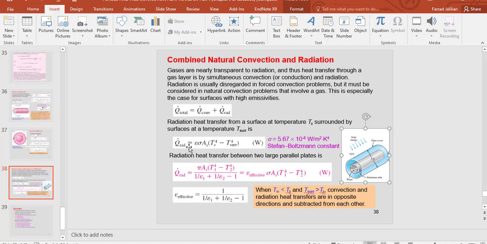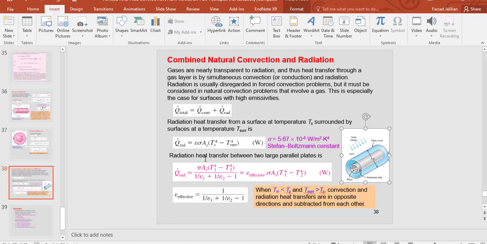And if you remember from previous sessions, we should use the Stefan-Boltzmann equation to find radiation heat transfer, which depends on the emissivity of the object surface, the surface area of heat transfer, and the temperature of the surface, Ts, minus T surrounding, which is the temperature surrounding that object. So we should calculate this radiation heat transfer.